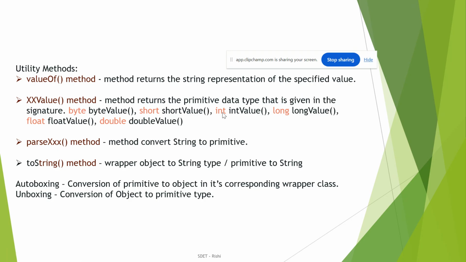That's autoboxing. Upcasting is possible, but downcasting is not possible inside this. We will discuss this more. And unboxing is just the opposite of autoboxing. It is converting from object type to primitive type. So that's unboxing.